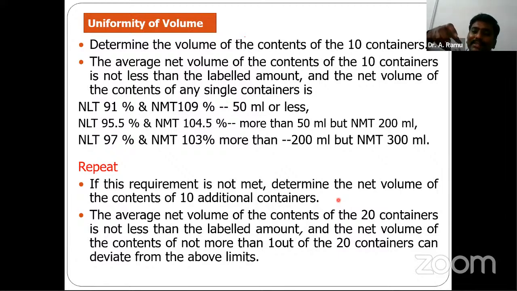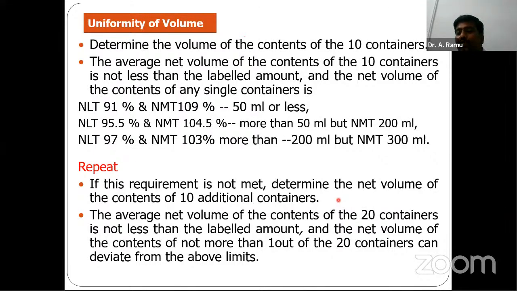Among the 10 containers selected for uniformity of volume, take the first container, open the container, and transfer the entire contents into a measuring cylinder and note the volume. So this gives the individual volume. Likewise, you repeat for the remaining 9 containers. After determining for 10 containers, add all the volumes and divide by 10, and you will get the average volume.